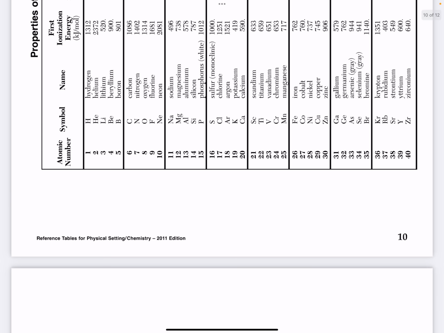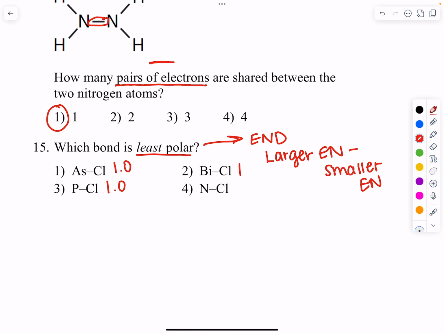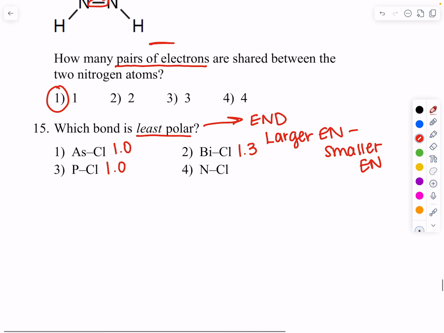So 3.2 minus 1.9 is, I'm just making sure, 1.3. So that has an even larger difference. So hopefully NCl is smaller.